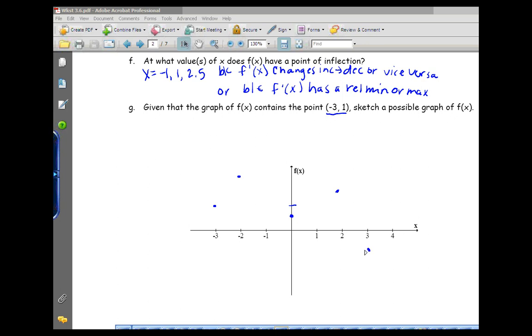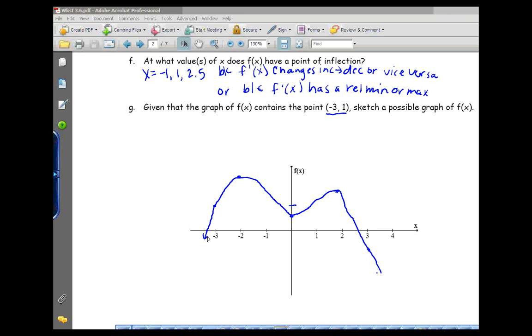I'm going to go down below the x-axis just because I can, but I don't have to. And now if I just connect all of these points like that, I'm going to have it.